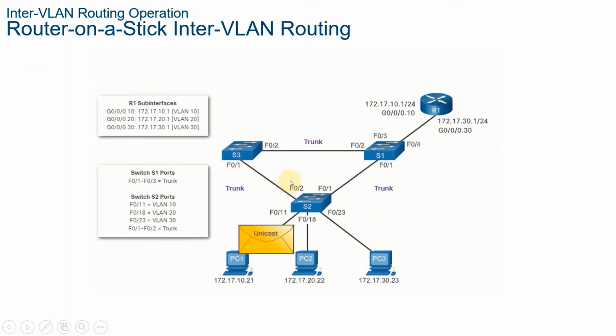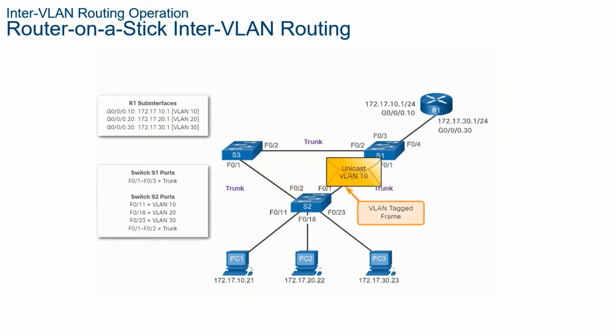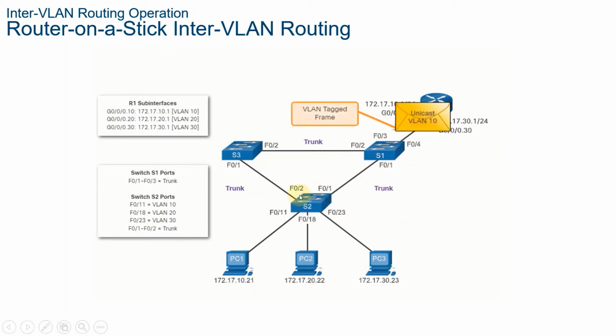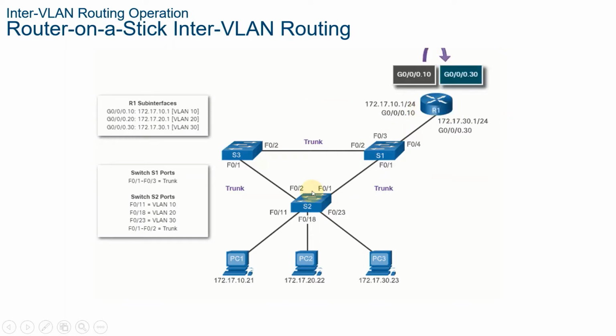So the figure here shows how a router on a stick performs its routing function. Now as seen in the animation, PC1, which is at 172.168.10.21, is communicating with PC3 on VLAN 30 at 172.17.30.23.